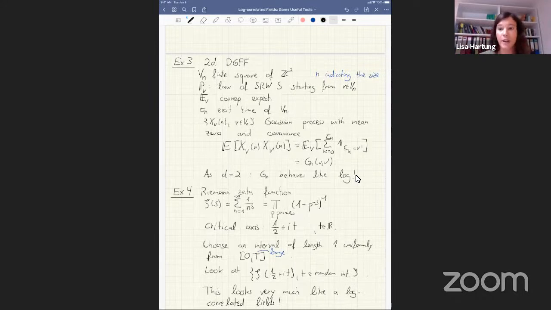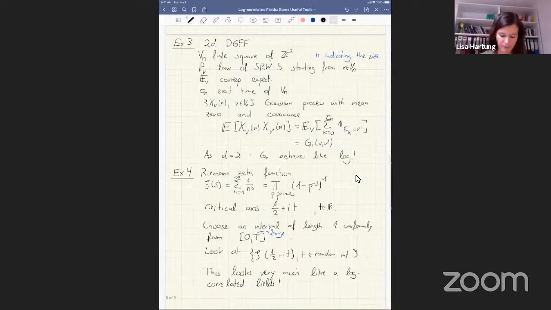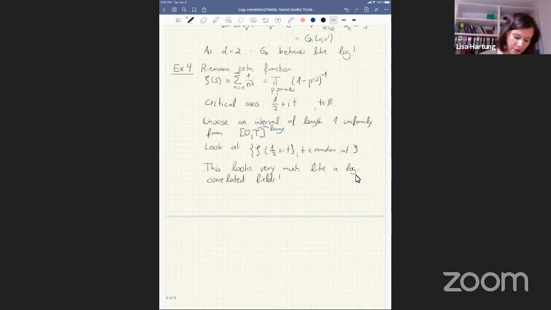And in fact, it can be very well compared with the branching random walk, which was my first example. Another set of examples comes from random matrix theory, namely for a larger class of random matrix ensembles.